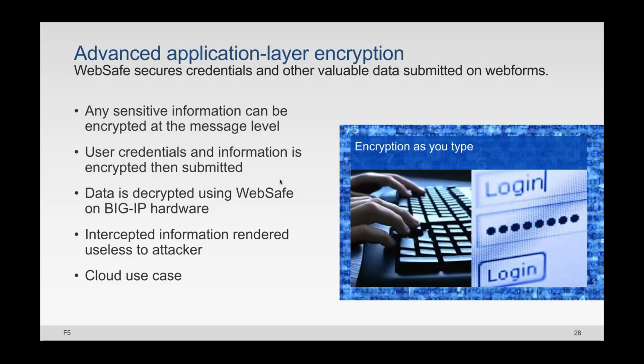One other use case that we see being more and more applicable is protecting sensitive data through cloud-based service providers. More and more organizations are looking to cloud providers as a way of providing service to their organization, and one of the big security concerns is exposing that data to a cloud-based service provider.